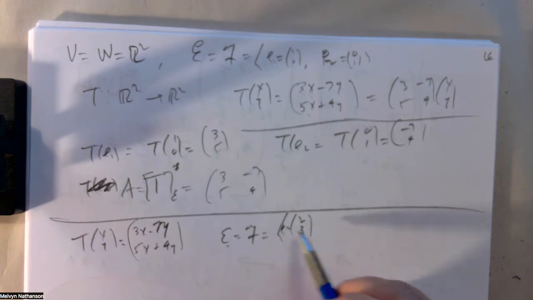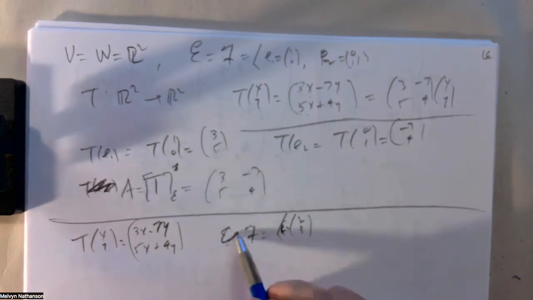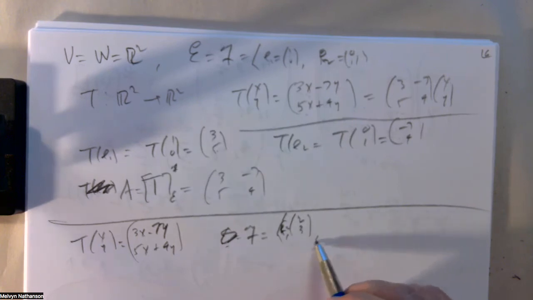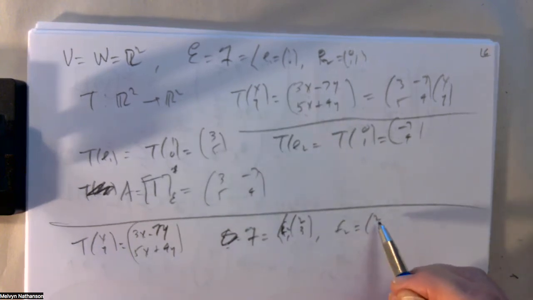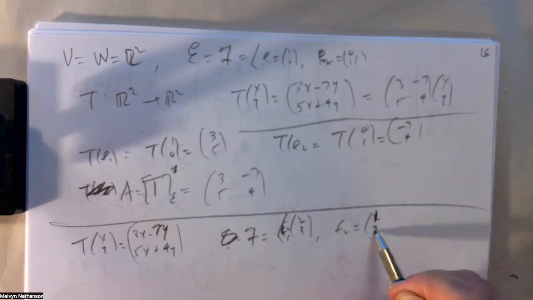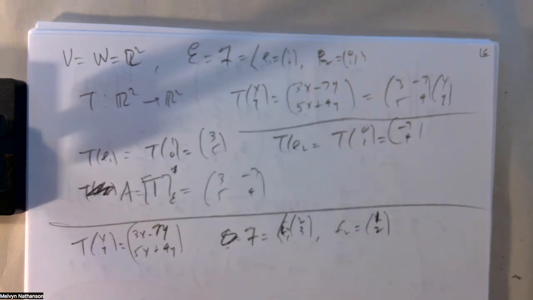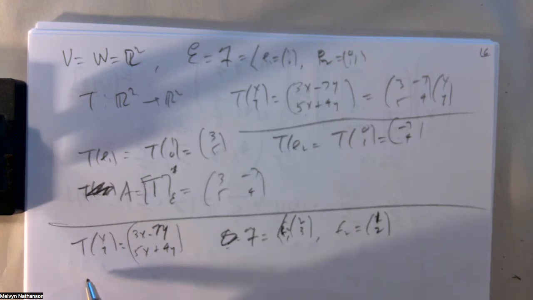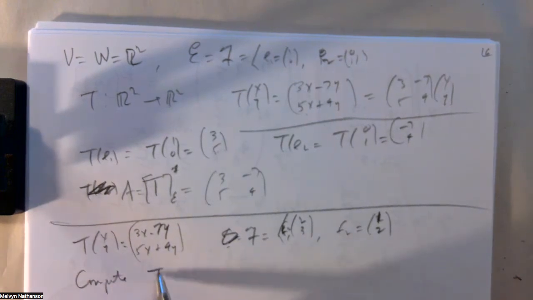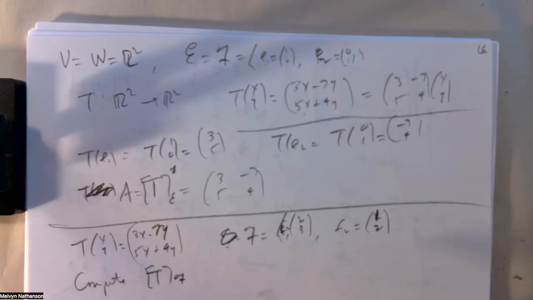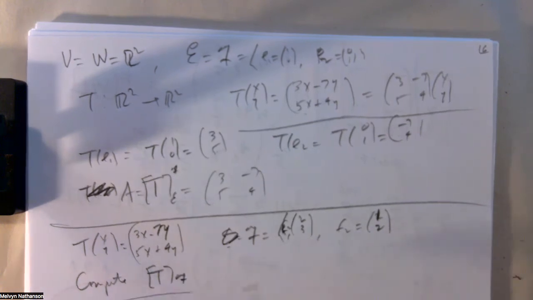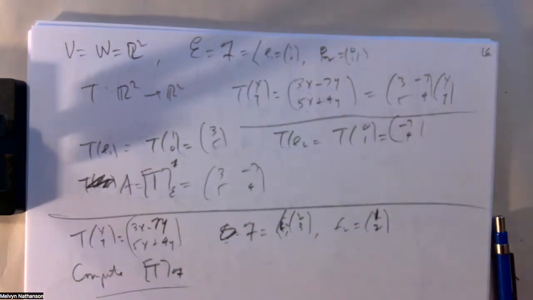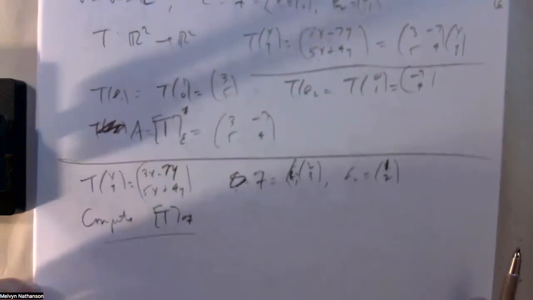F1 is the vector (2, 3). F2 is the vector (1, 2). And let's compute the matrix for T with respect to this basis, (2, 3), (1, 2). So this is going to take a little bit more work, but it's a very, very good exercise. We will do it.